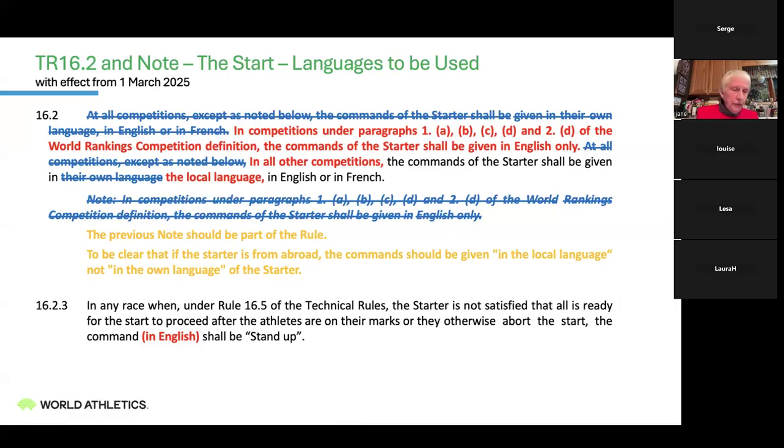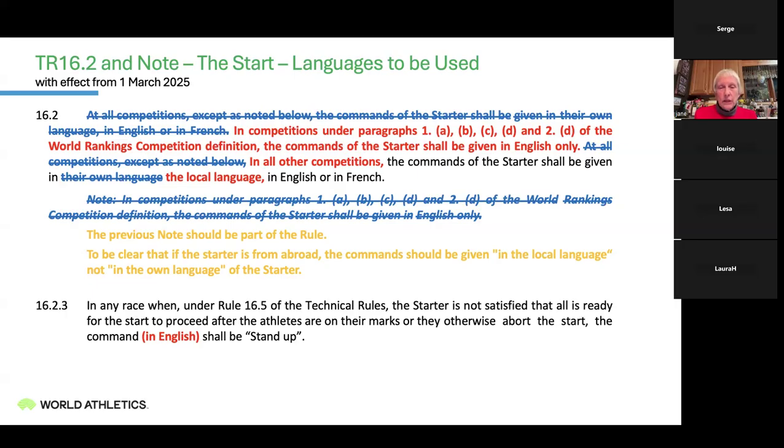So if a person from, let's guess, Portugal goes to France to start the race, it's started in English or French. It is not started in Portuguese, which happens to be the own language of the starter.